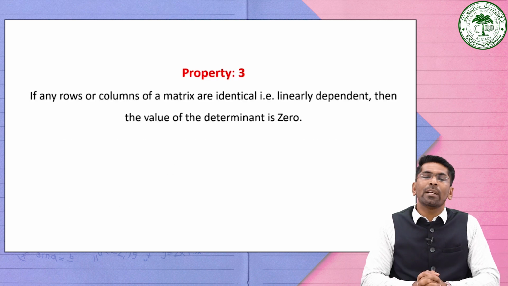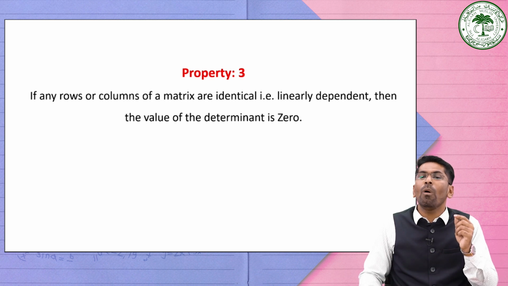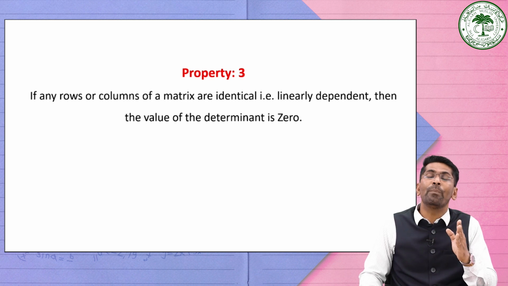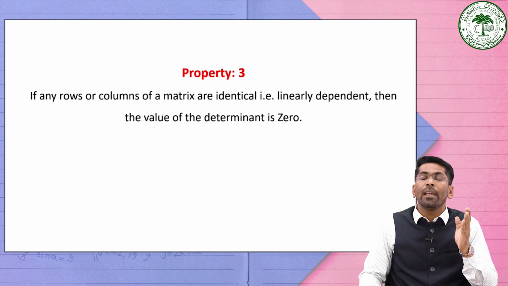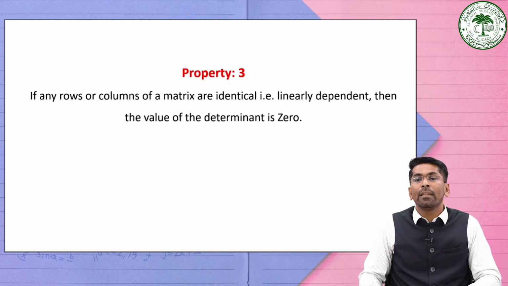Now we are going to consider the third property: if any rows or columns of a matrix are identical, that means they are linearly dependent, then the value of the determinant is equal to 0. That means if columns or rows are linearly dependent, then the determinant will also be 0.